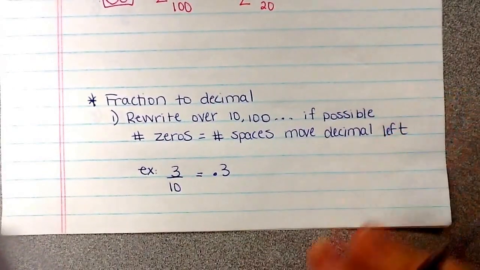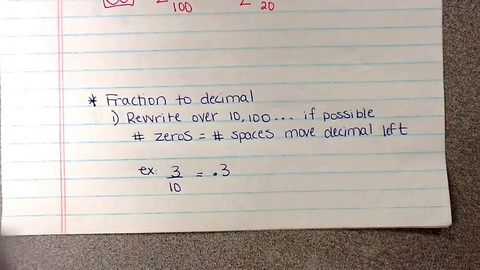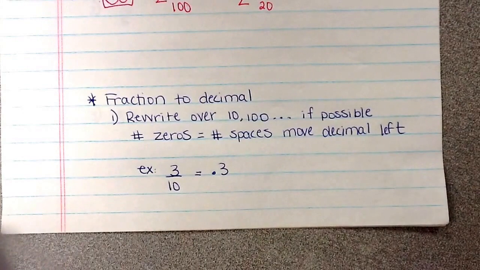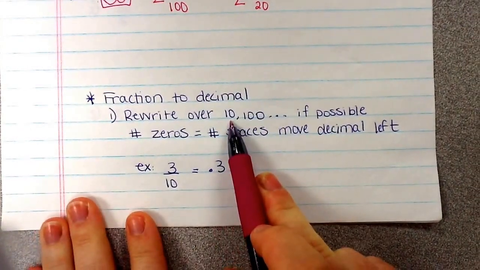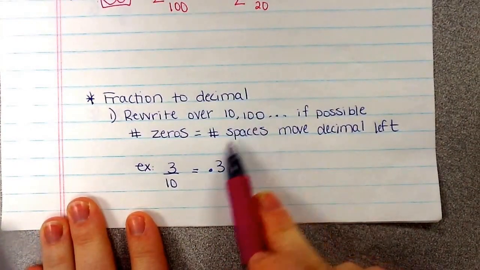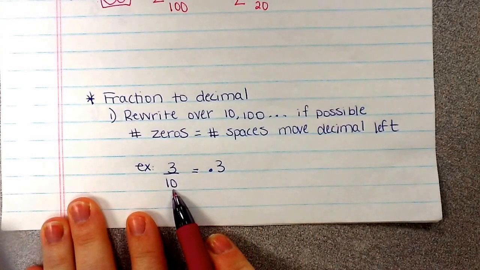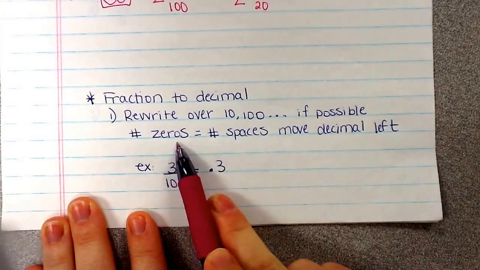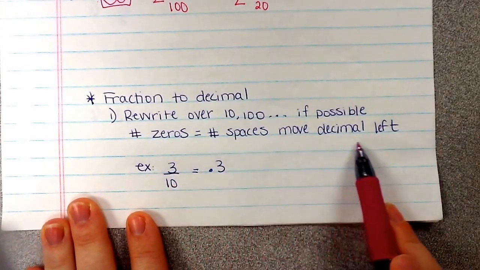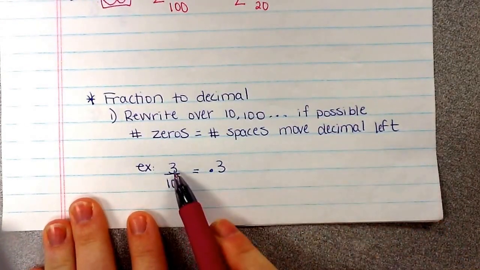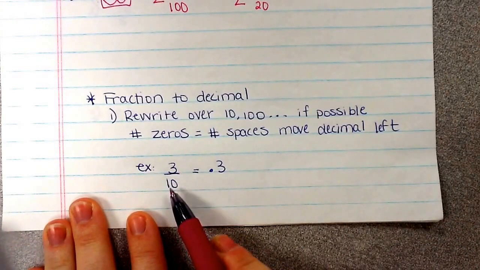The next one is changing fractions to decimals. If you have a fraction and you can rewrite it so it's over 10 or 100, do that. That's the shortcut method. However many zeros in the bottom is the number of spaces to move the decimal left. So for example, 3 over 10.